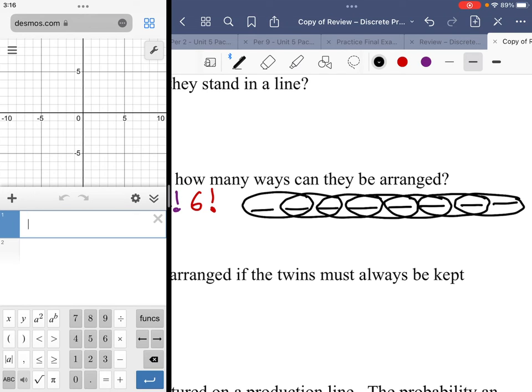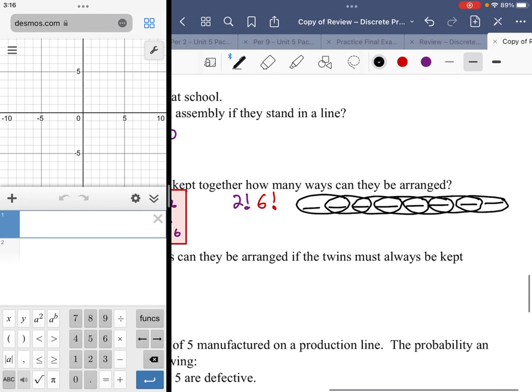Any of these rings that I just drew would be a location in which the 2 individuals can be grouped together. There's 7 ways that that can happen.